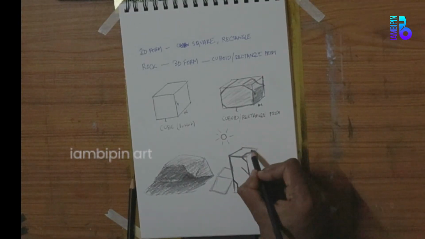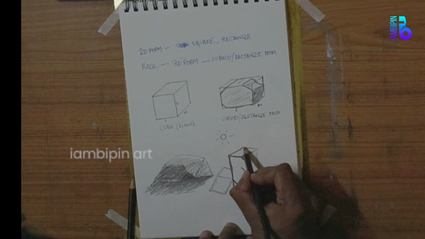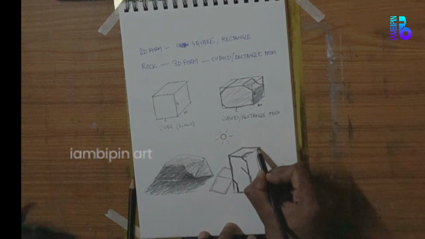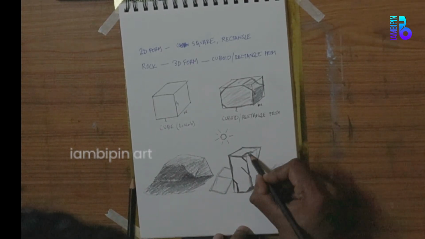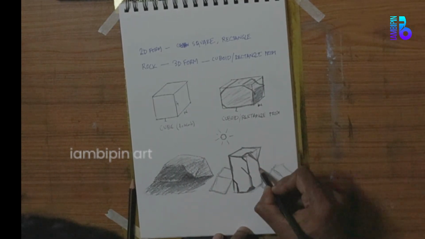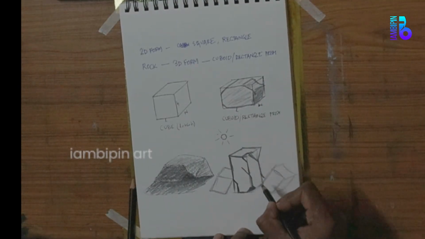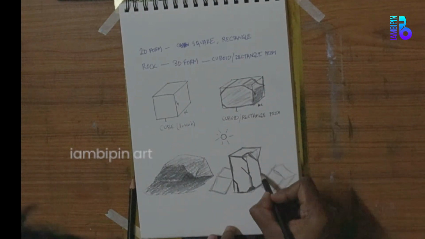And here, as you can see, it's a cuboid. Try to extend it. Then it looks irregular. And then make realistic lighting.